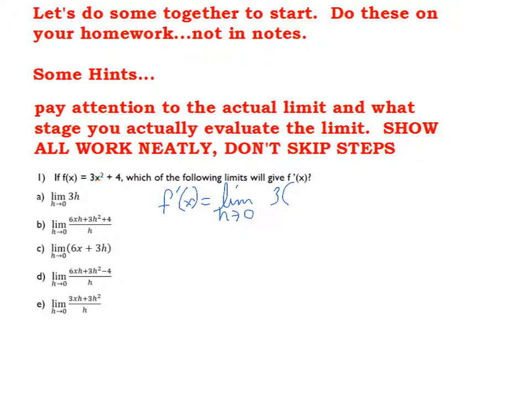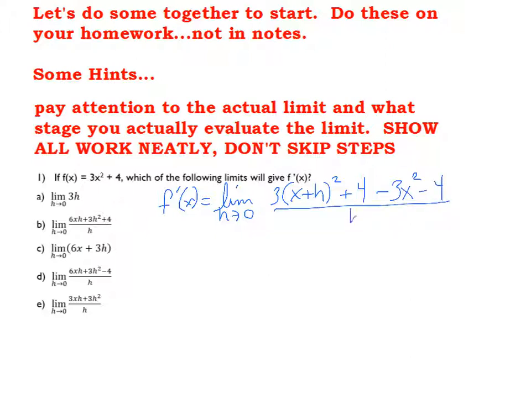So it's the 3, and then it's the x plus h that I'm going to plug in that's going to be squared. And then it says plus 4. f of x plus h minus f of x. Remember, I'm going to be subtracting the entire function. So it'll change both of those signs.